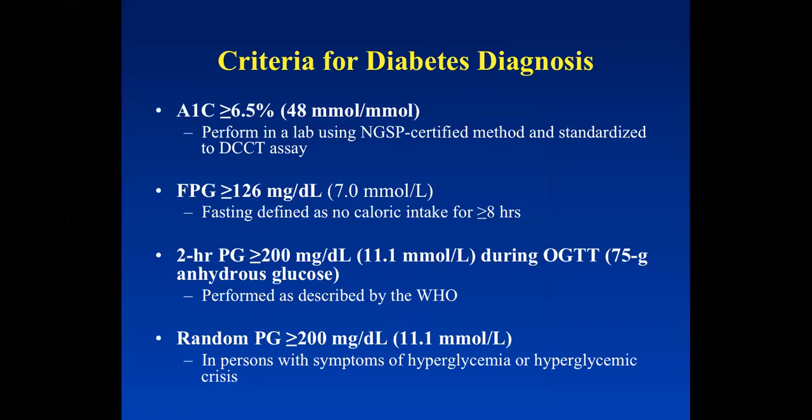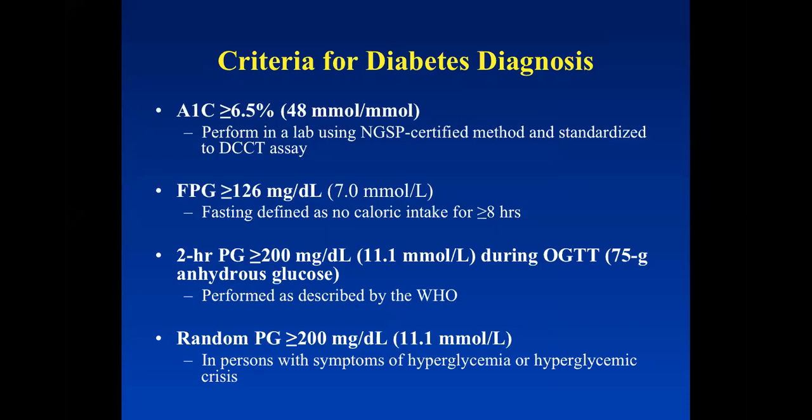We have identified certain criteria to diagnose diabetes. We don't just use glucose levels or any other test that is above the normal or reference interval for a population. If we take a healthy population, they have a range of normal glucose levels, but we don't use that to diagnose diabetes.